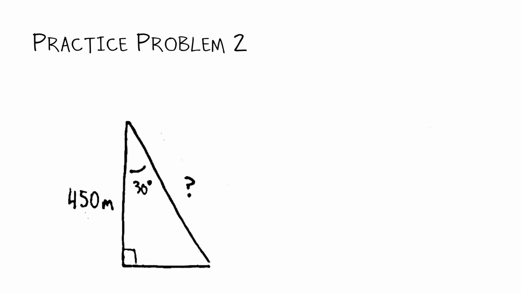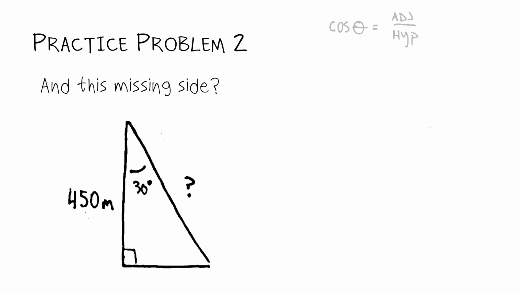So if we're solving for the hypotenuse, we want to find an equation that has h in it for our fraction. And we also want to note the fact that the 30-degree angle is adjacent or next to the 450 meters. So we are looking for a formula that includes the adjacent variable and the hypotenuse.